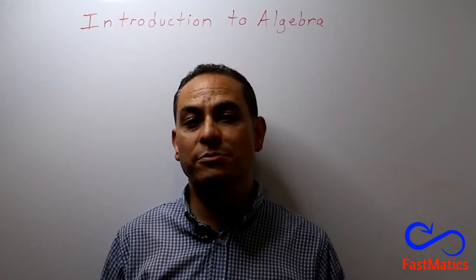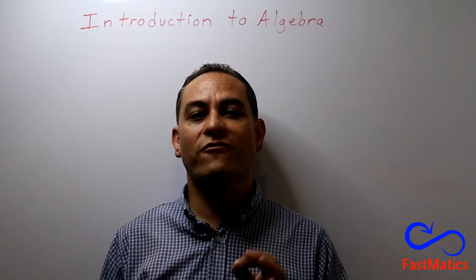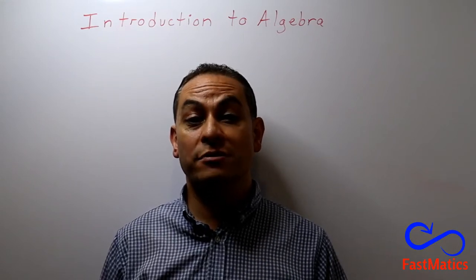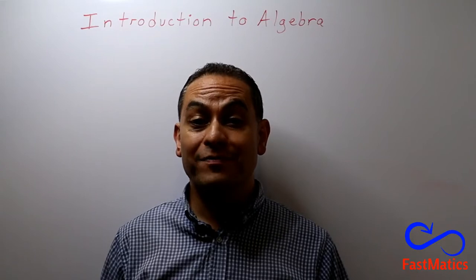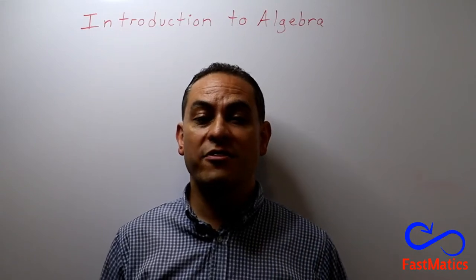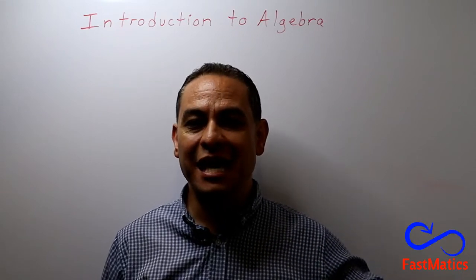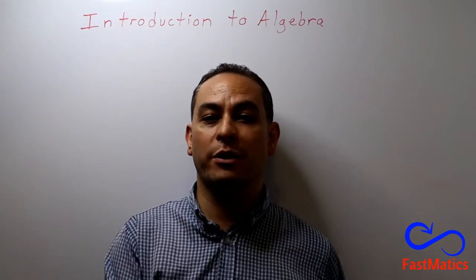But in algebra, you use letters, you use variables. That is very interesting because algebra is the language of mathematics. There's a point where you can't understand mathematics if you don't know algebra.